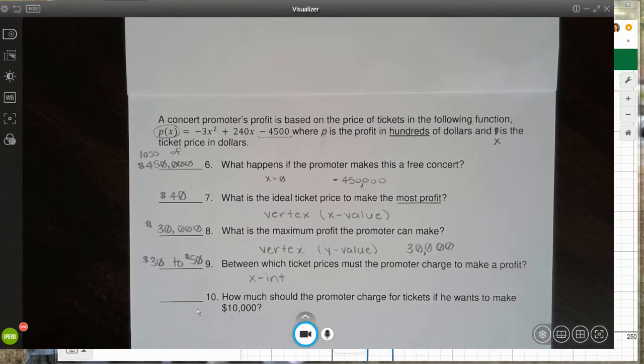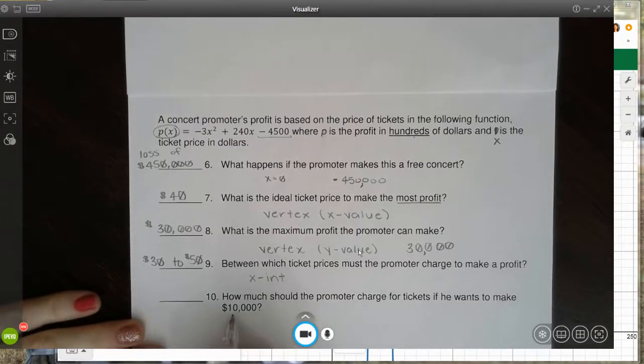And the last question here: how much would they need to charge if they want to make $10,000? This is my profit value, but my output values in my equations have to be multiplied by 100 to get my actual profit. So here we were making $30,000, but my y value was 300.